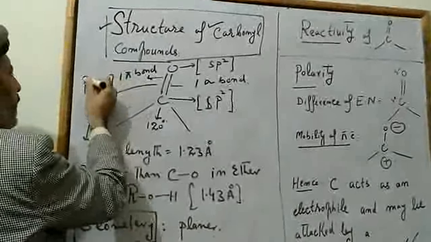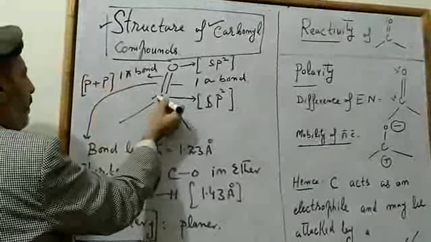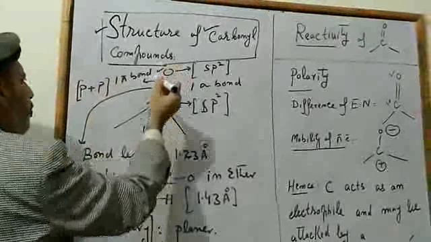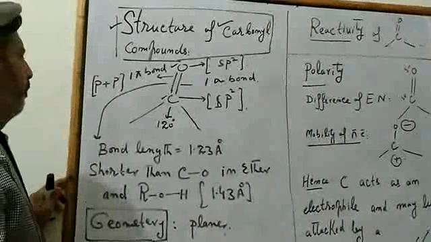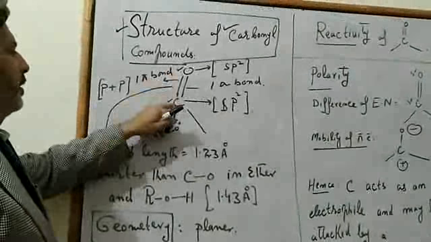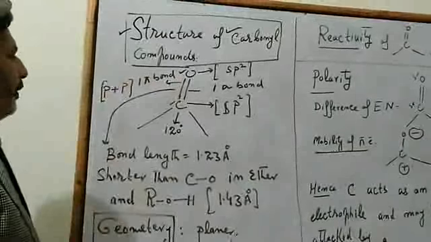The unhybridized p orbital of carbon overlaps sidewise with the p orbital of oxygen, and this gives rise to a pi bond.